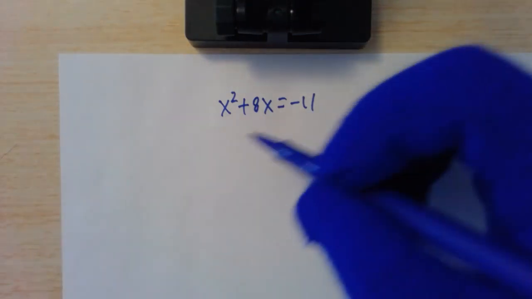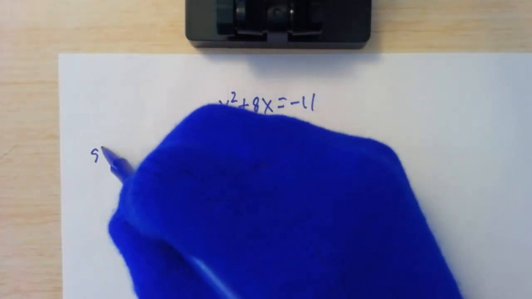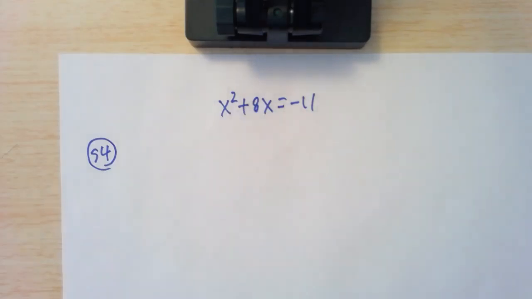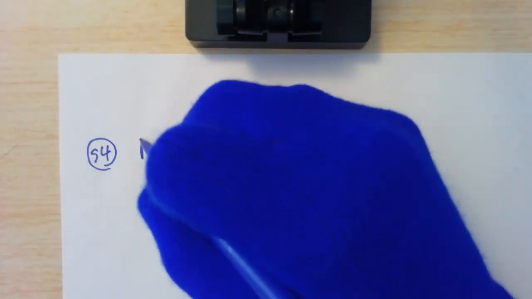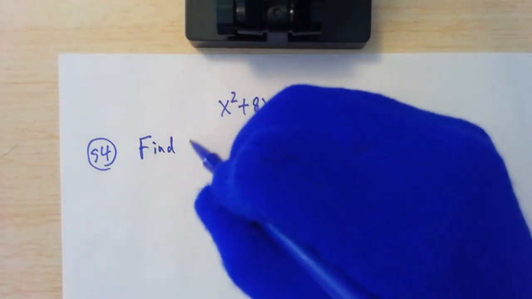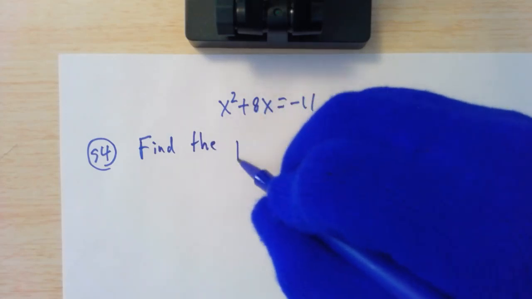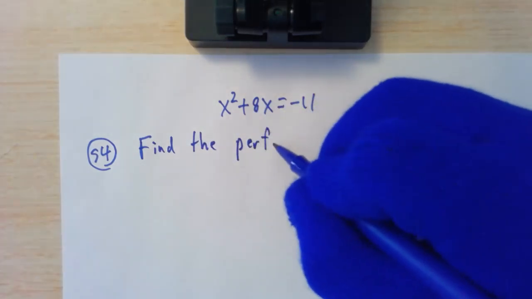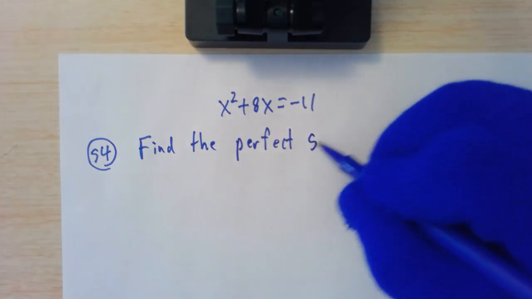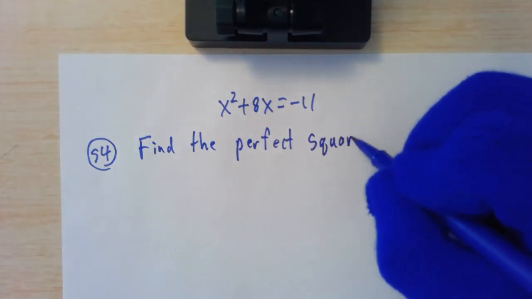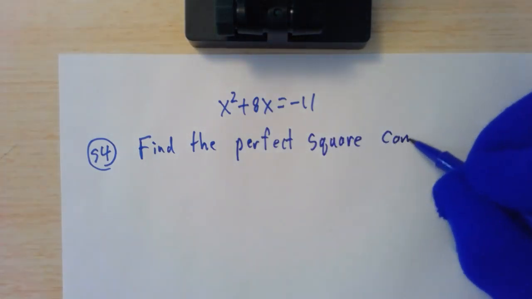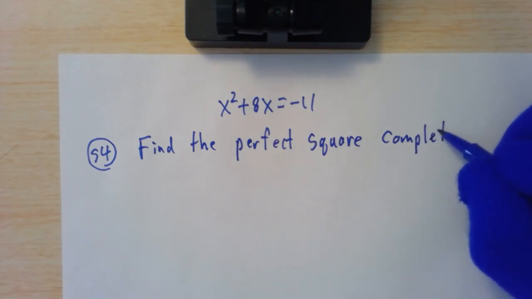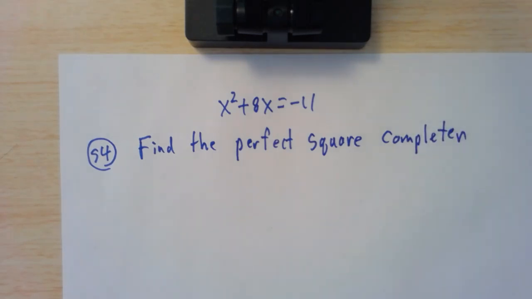And our step 4, which is going to be the last step in terms of this assignment, is find the perfect square completer. Now, the perfect square completer is going to be what they're asking for you in this question. The number that you add to both sides that's going to complete the perfect square.